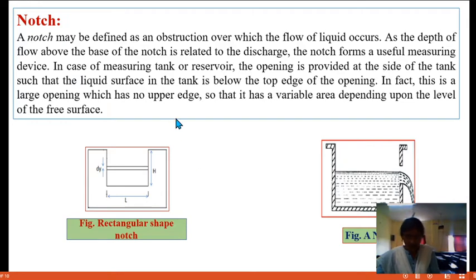After reaching this height, the water present on the upstream side flows over to the downstream side, coming from the upstream side to the downstream side.